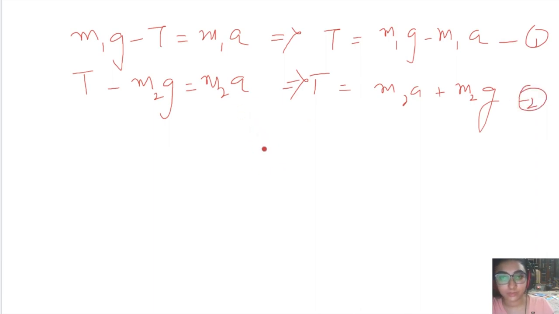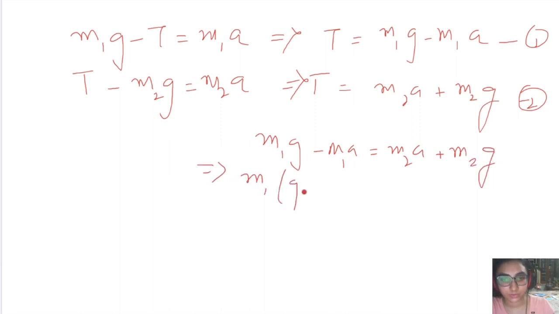So we can equate them, saying m1g minus m1a equals m2a plus m2g. Now we take the m's common, तो हो जाएगा m1 into (g minus a) equals m2 into (g plus a).